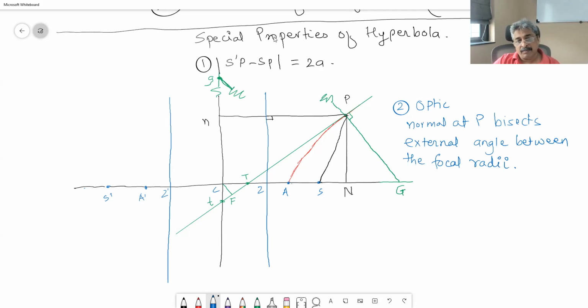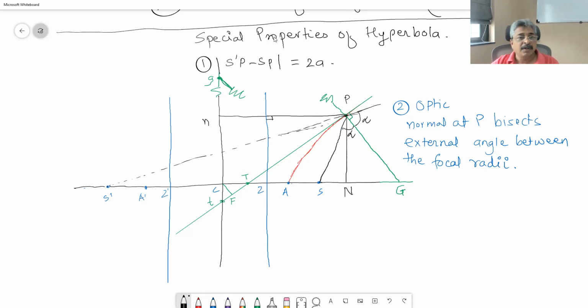The angle between focal radii SP and S dash P. This is your focal radii. External angle between focal radii. So if you extend this line, this is going to be equal to this. That is what you are supposed to prove.